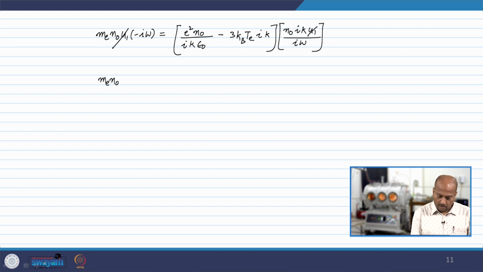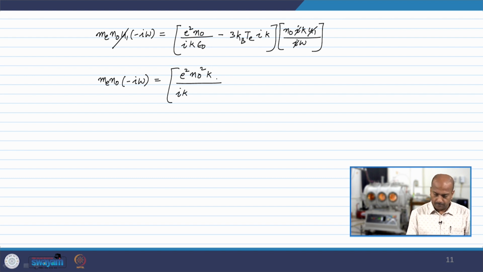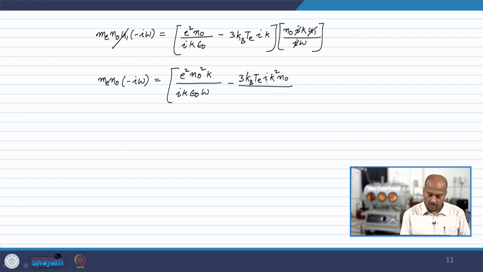m_e n naught times minus i omega is equal to e square n naught square k divided by i k epsilon naught omega minus 3 k_B T_e i k square n naught divided by omega, right.